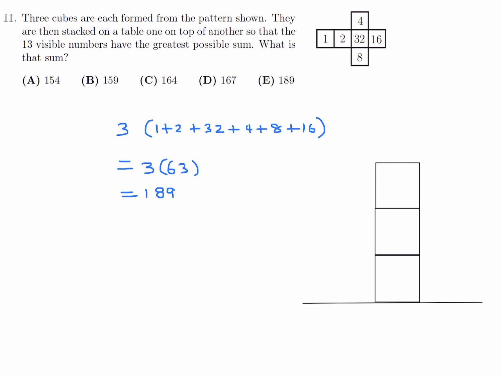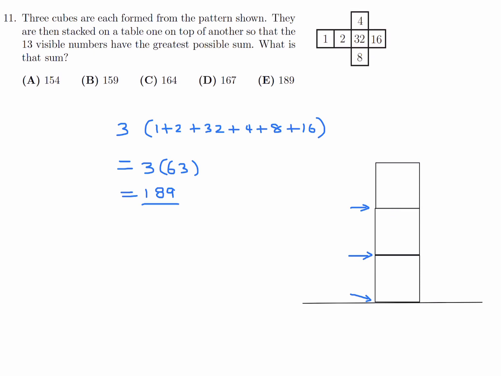So on the ground you got one face that you can't see. Here you got 2 faces that you can't see, right? The face that's the top face of that cube and the bottom face of this cube. And then here you got another 2 faces that you can't see, the top face of that cube and the bottom face of that cube.